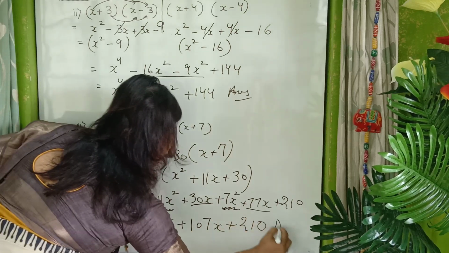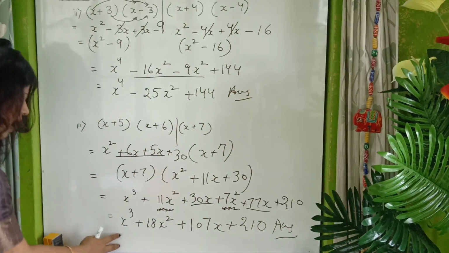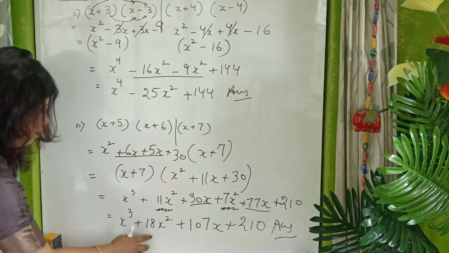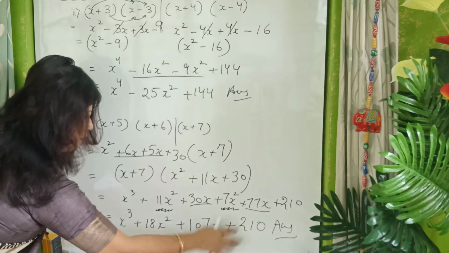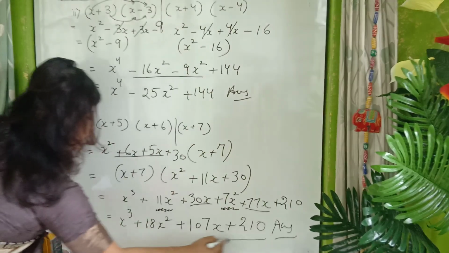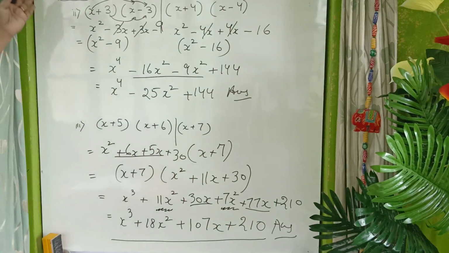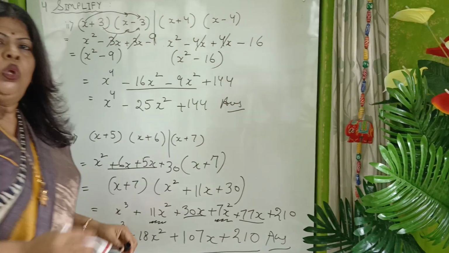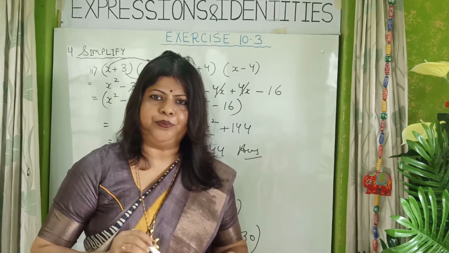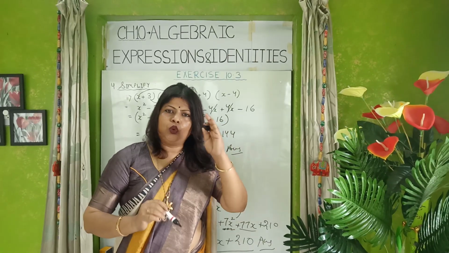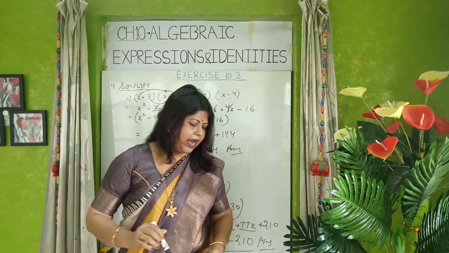So no more. That's your answer. That is x to the power 3 plus 18x square plus 107x plus 210. So this was the question on simplification. Question number 4 we did. Question number 4, number 2 and number 3.